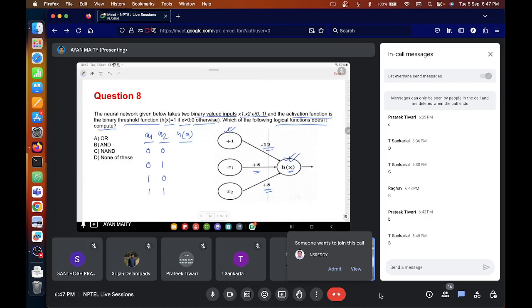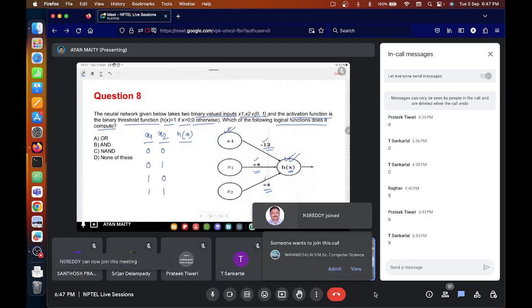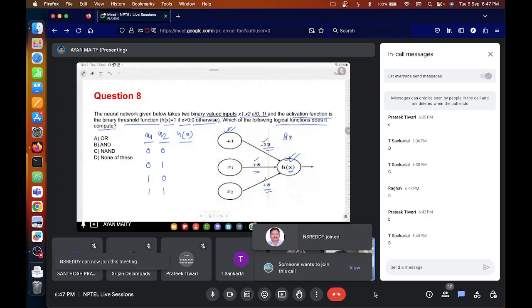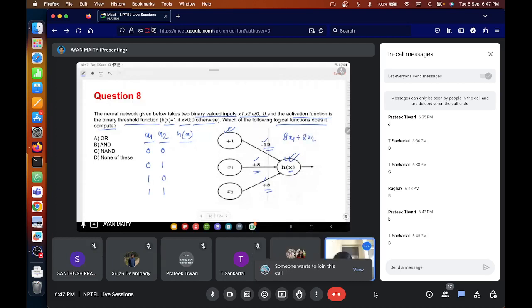Using these weights, 12, 8 and 8, this neural network is basically computing 8x1 plus 8x2 minus 12. If this quantity is greater than 0, then the output is 1. If this quantity is less than or equal to 0, then the output is 0. So this is the expression that we have to compute for these four inputs.